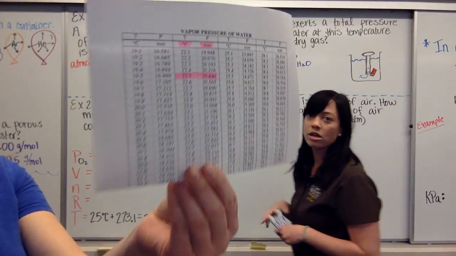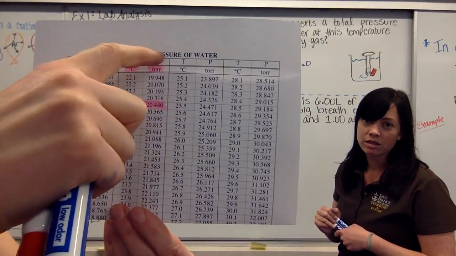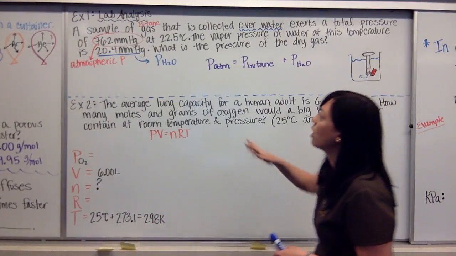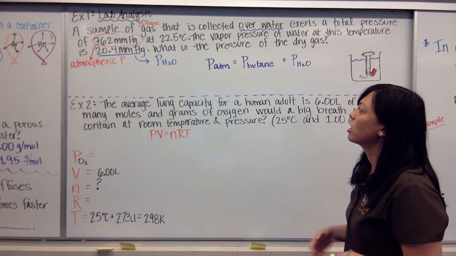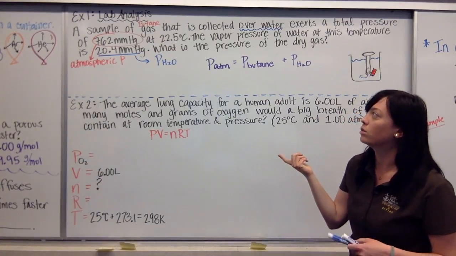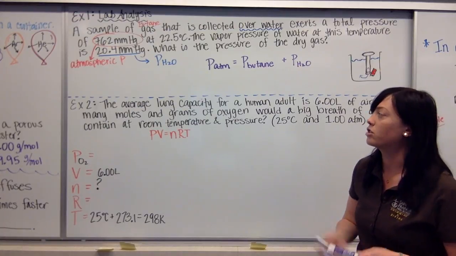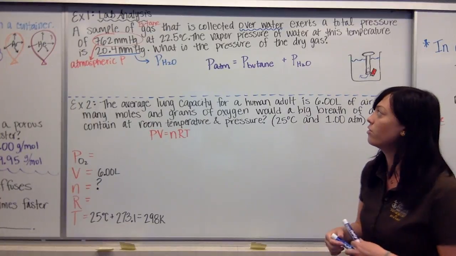This is a chart that I just printed off the internet. These are standard for every temperature, what the partial pressure of water vapor is. So for us, it was given, but that's where we found it on that little chart. And so you can see our partial pressure of water is equal to 20.4 millimeters of mercury. And our total atmospheric pressure is going to be 762 millimeters of mercury.